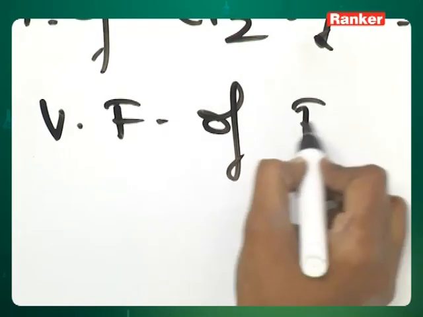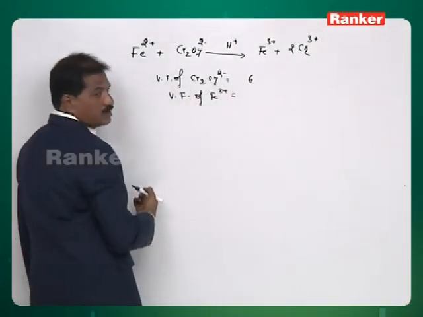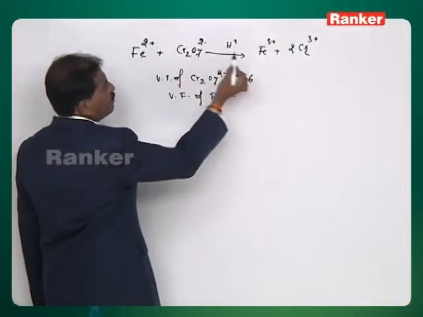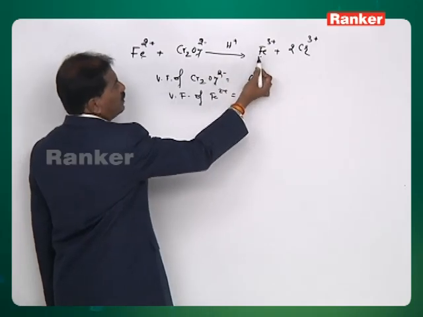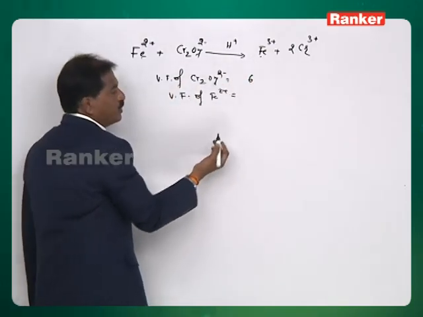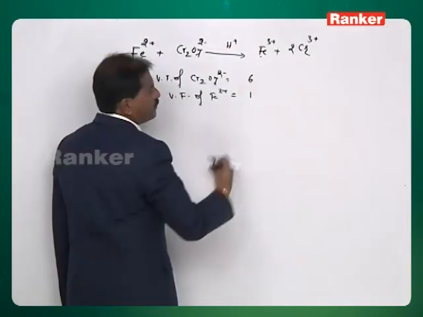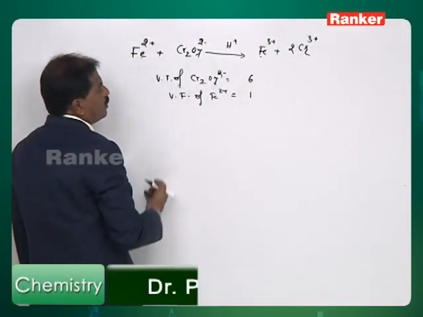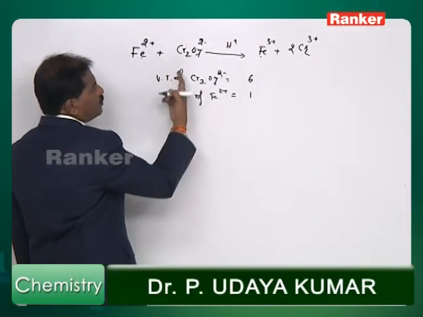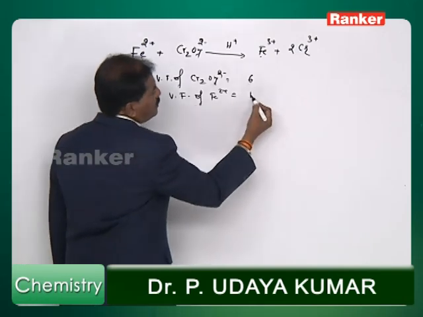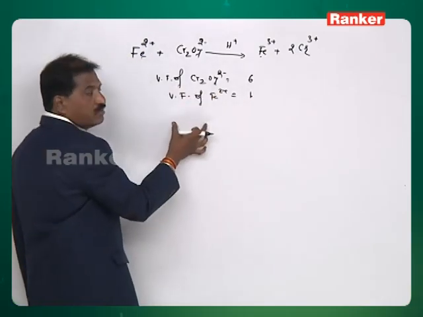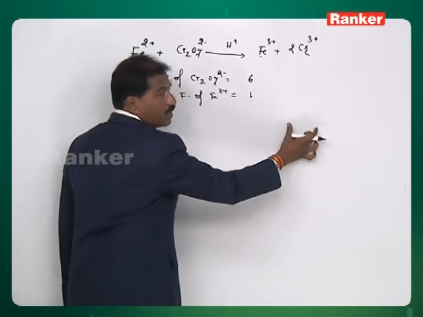Valence factor of Fe2+: one ion has lost 1 electron, hence ferrous has been converted to ferric. Therefore, the valence factor of the ferrous is 1. While doing the numericals, by using this valency factor, we can equate the equivalence of the ferrous with the equivalence of the dichromate.